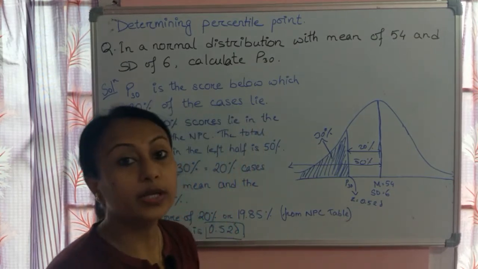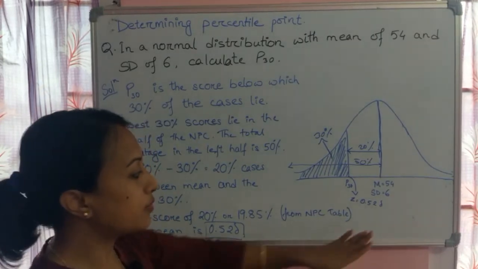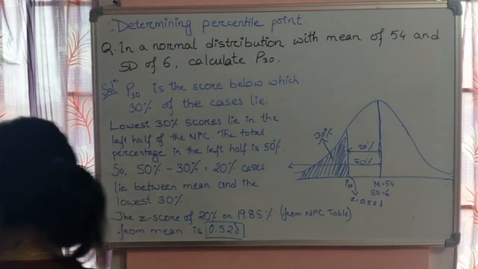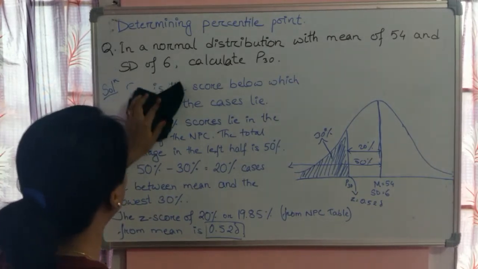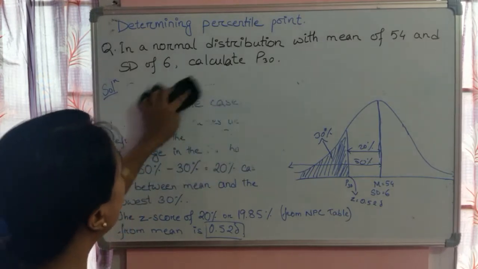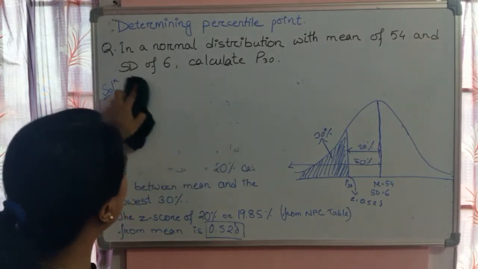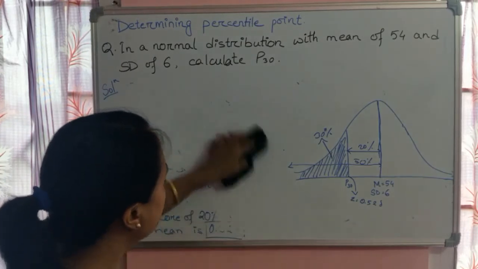But what we need to find out is the score, not the Z score. First we found the Z score. Now let us find the X score for this Z score, 0.52 standard deviation.